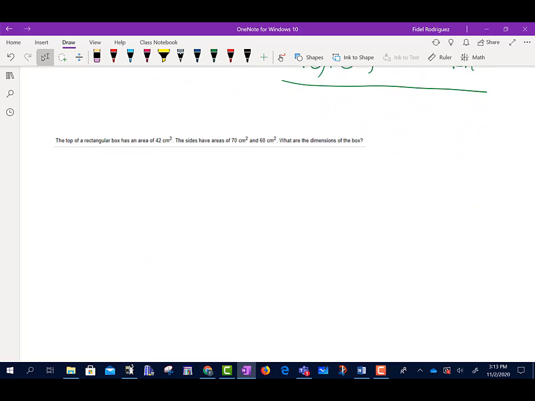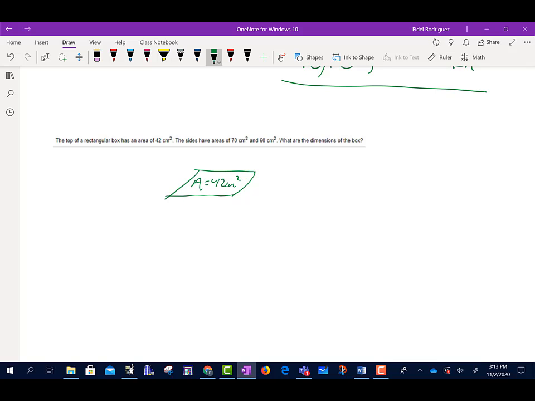All right. So let's see. It says the top of a rectangular box has an area of 42 square centimeters. So let's start drawing the top of a box. Okay. So here's the top of the box. I know the area here is 42 square centimeters. And the sides have areas of 70 and 60.